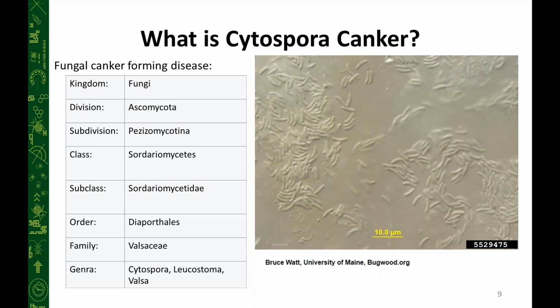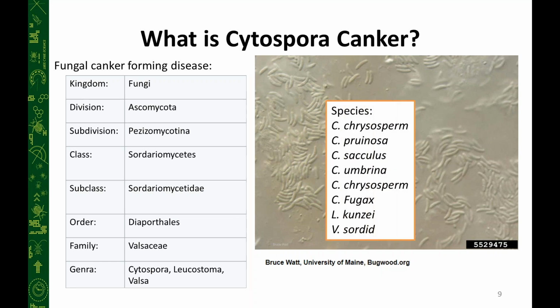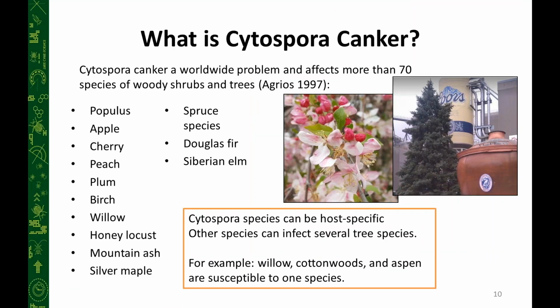The ones we are most concerned about in the landscape are the genera Cytospora, Leucostoma, and Valsa. Among specific species, the ones we deal with most often are Leucostoma kunzei, the Cytospora disease that affects trees in the pine family, the Pinaceae, so blue spruce would get this disease. And Valsa, which we often see affecting our fruit trees, so peaches, cherries, and plums.